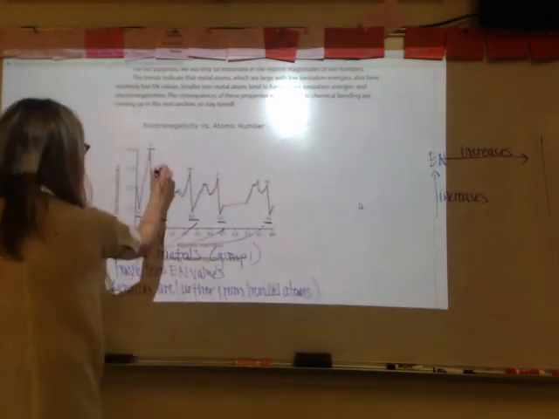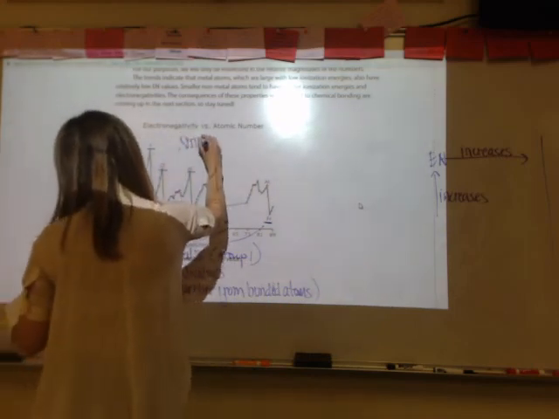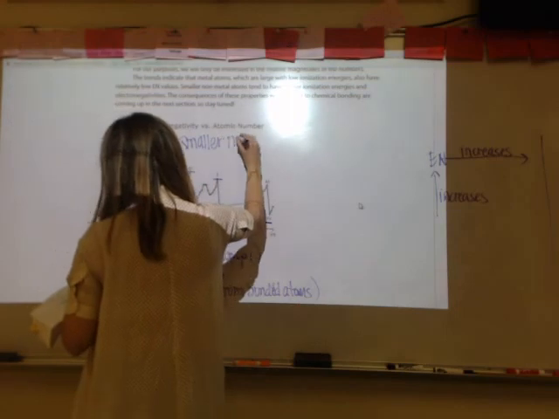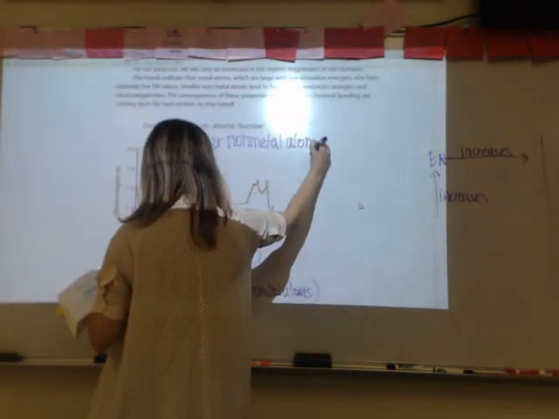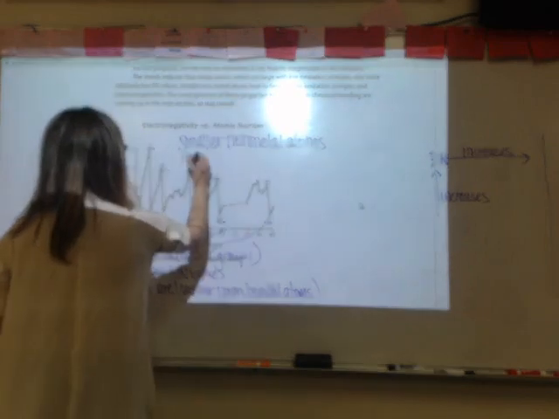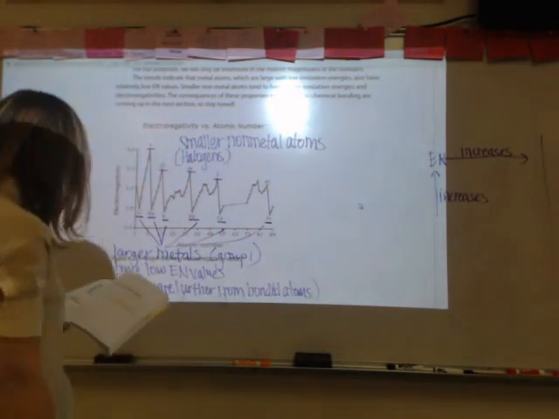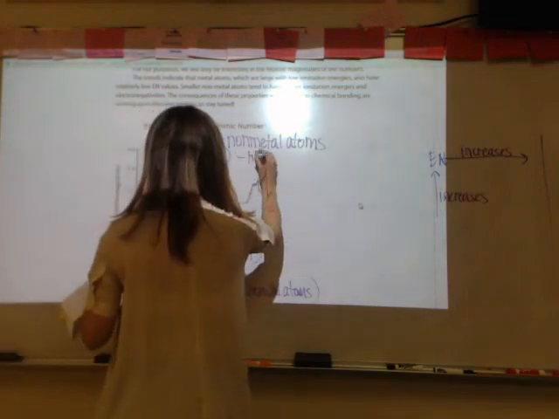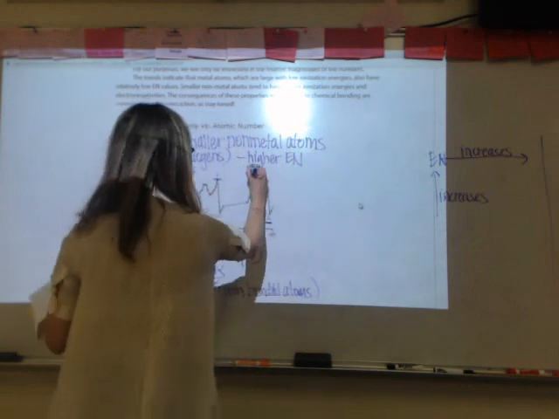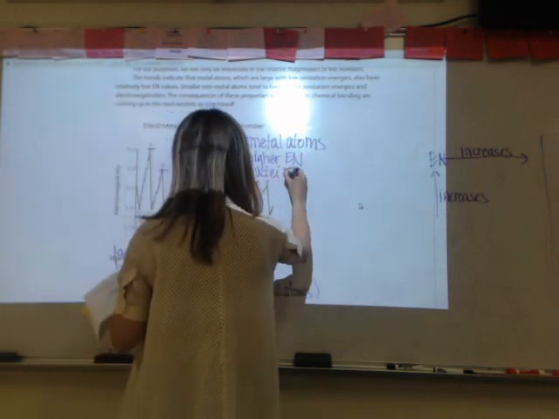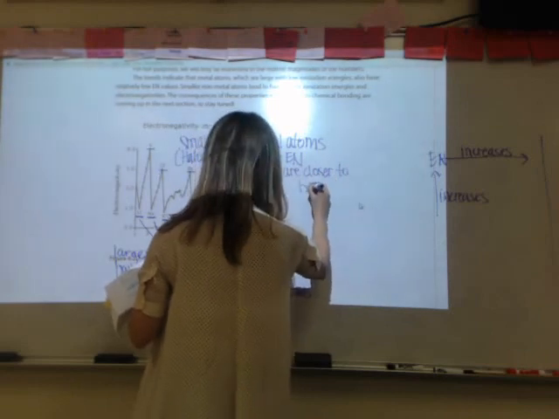Up here, fluorine, chlorine, bromine, and iodine, these are the smaller non-metal atoms. These are actually the halogens. And they have higher electronegativity values because their nuclei are closer to bonded atoms.